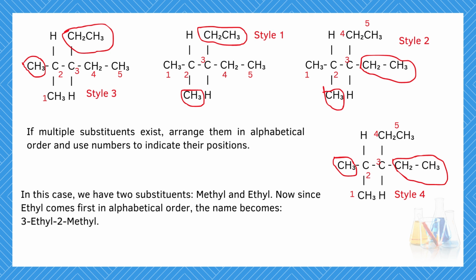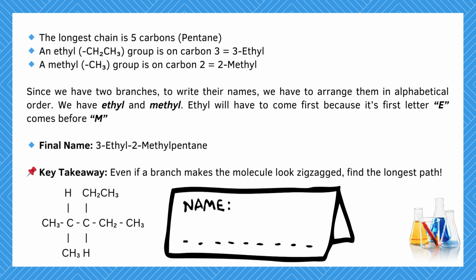So when we want to name everything, we'll make sure that ethyl comes first before methyl because we arrange them in alphabetical order. Now look at bringing everything together. First of all, the longest chain is 5 carbons, pentane. An ethyl group is on carbon number 3, which gives us 3-ethyl. A methyl group is on carbon number 2, which gives us 2-methyl.